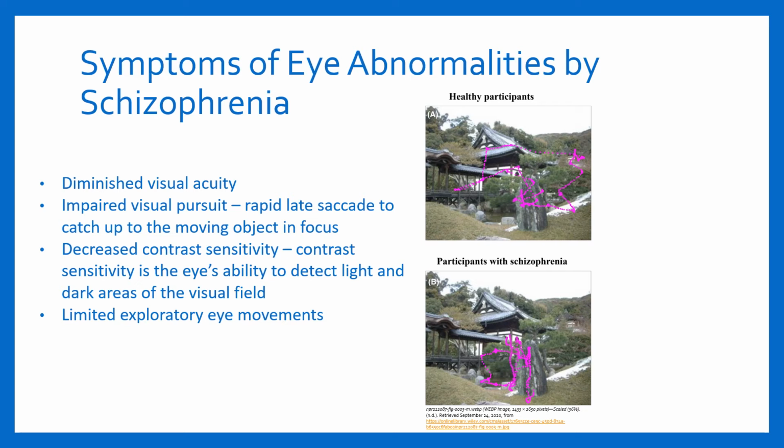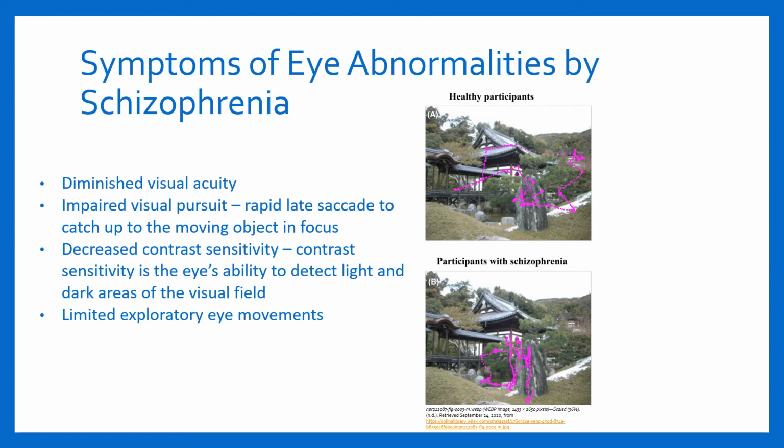They try to see everything. It's exploratory. But in comparison, participants with schizophrenia, their eyes tend to gaze in a very localized fashion. Their exploratory eye movements, in other words, are very limited.